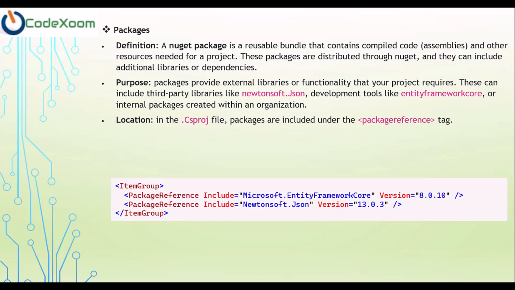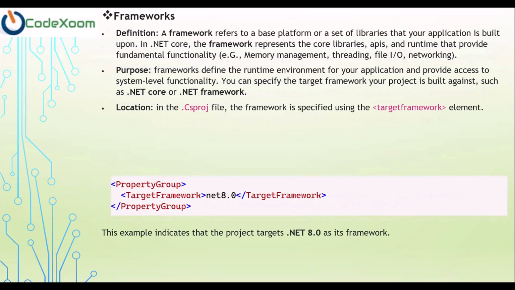Now let's go talk about frameworks. A framework refers to a base platform or set of libraries that your application is built upon, like .NET Core. The .NET Core framework represents the core libraries, APIs, and runtime that provide the fundamental functionality. That means a framework consists of libraries, APIs, or runtimes.